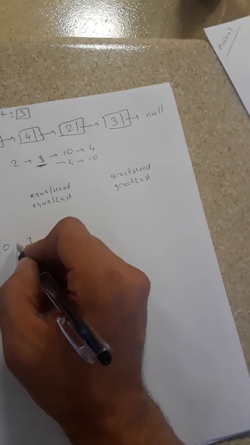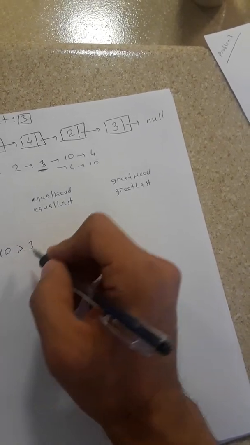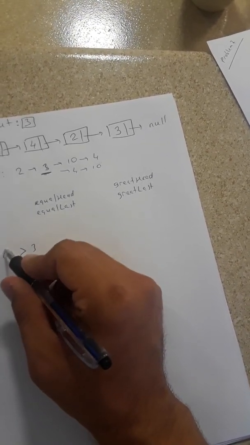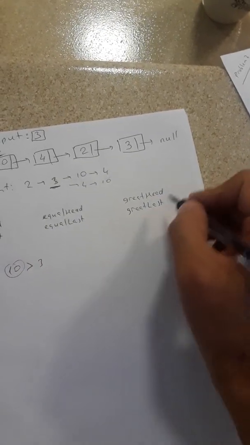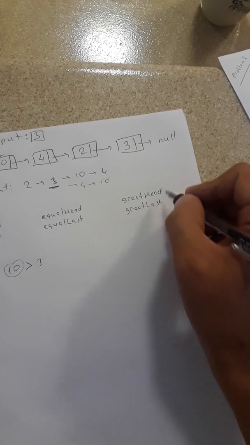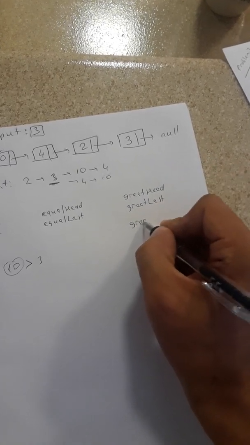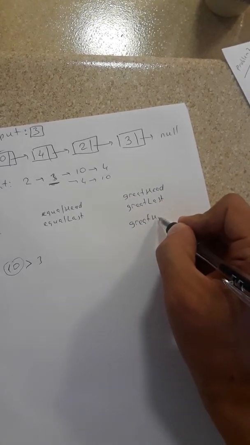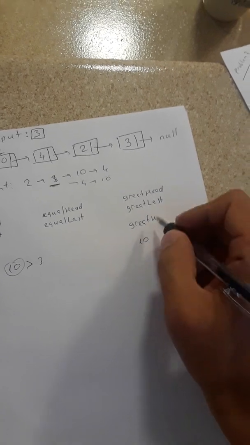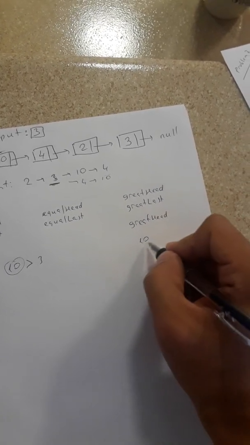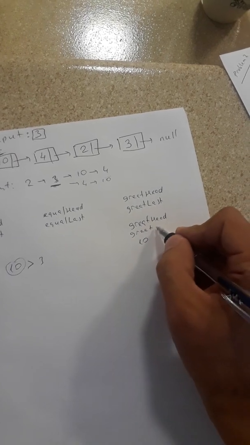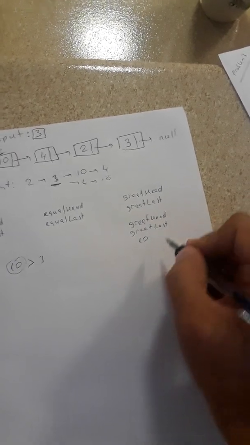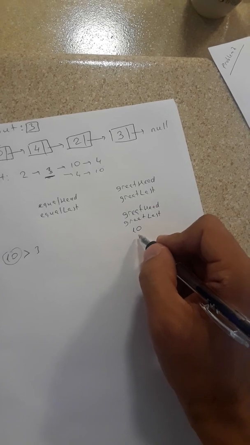Since I see that 10 is greater, I will take this 10 and make it equal to grade head. So 10 will go here, it will be our grade head, and at the same time it will be grade last because it's just one single element right now.